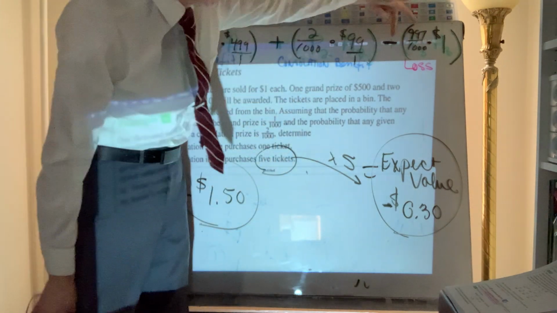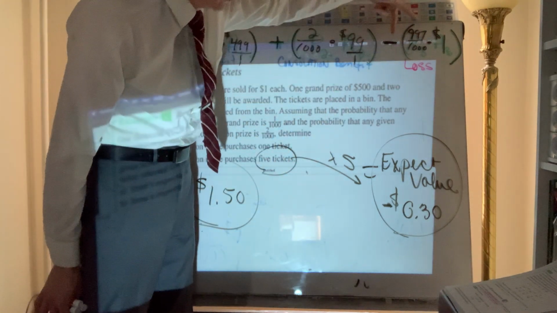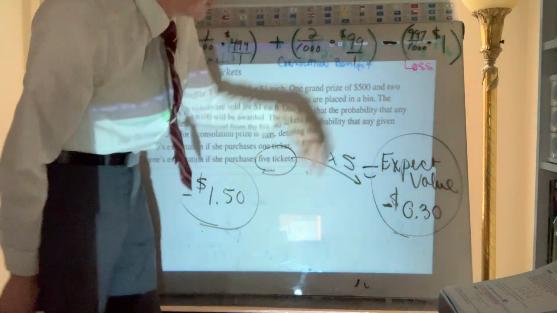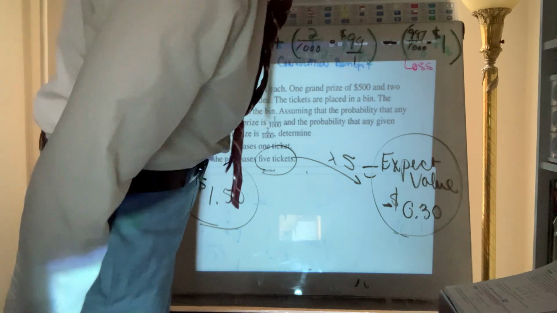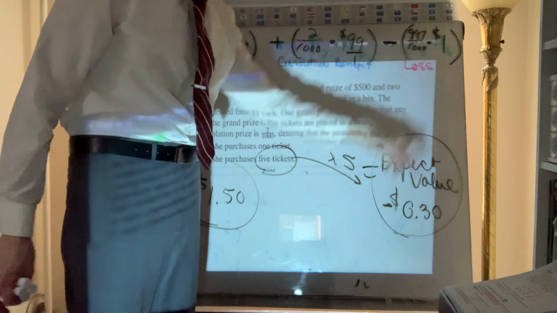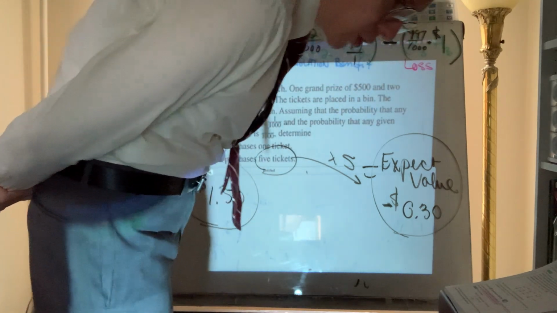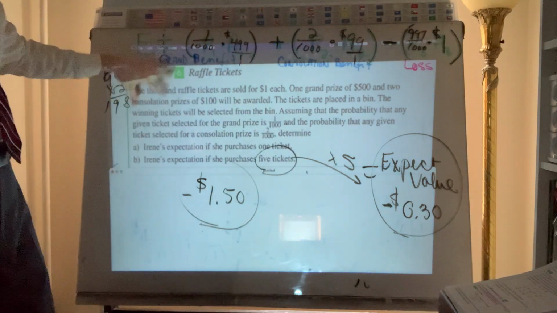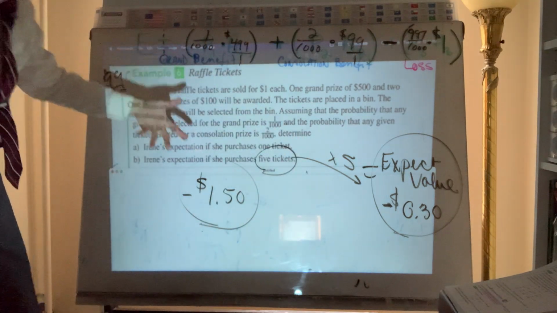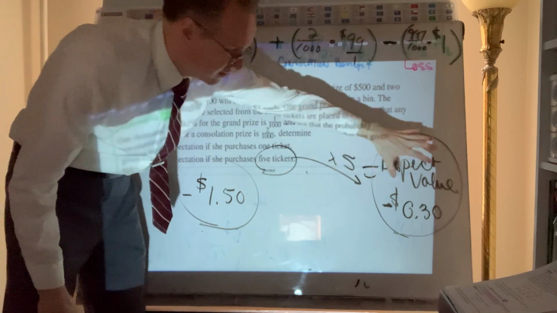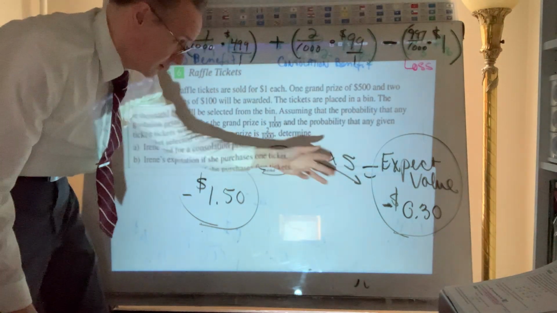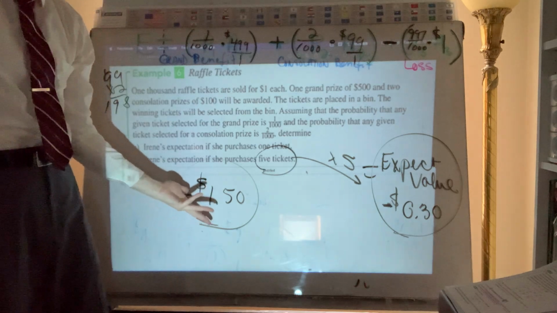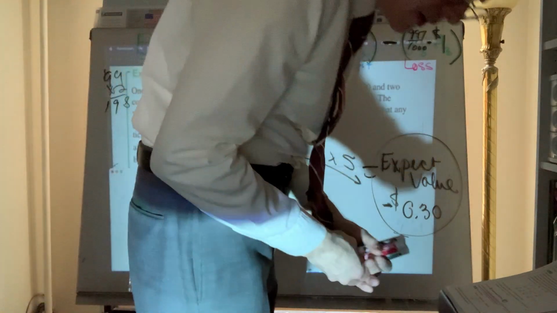So your losing in general would be 1,000 minus 15, so you'd have 985 out of 1,000, right? And then minus, times $5 instead. All right. Regardless, there's more than one way of doing the problem is what I'm getting at. But the easier way is that you take the expected value for 1 ticket and then just simply multiply by 5 tickets. And you get the same answer. Okay.